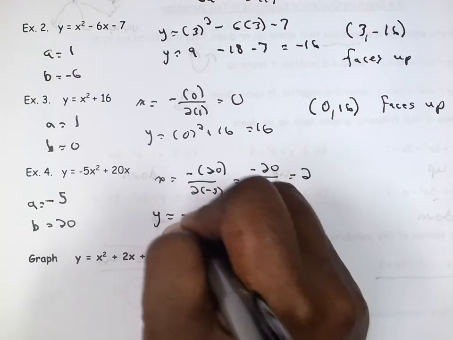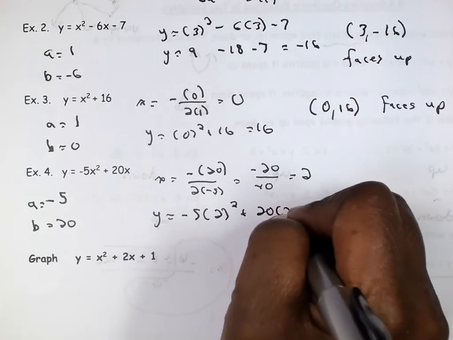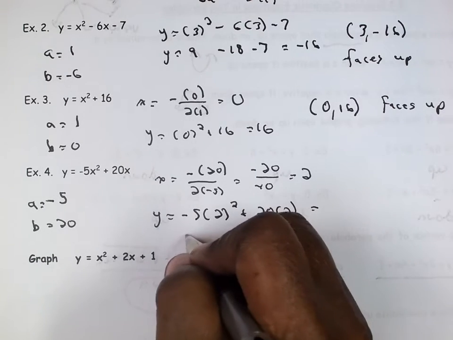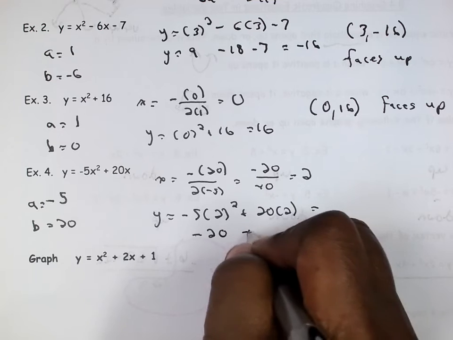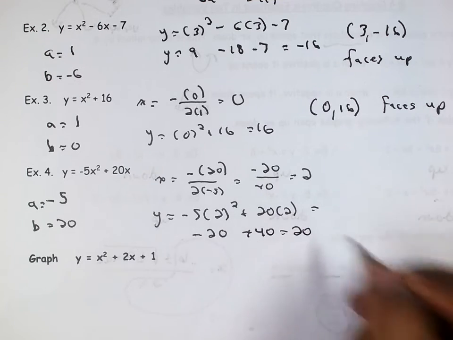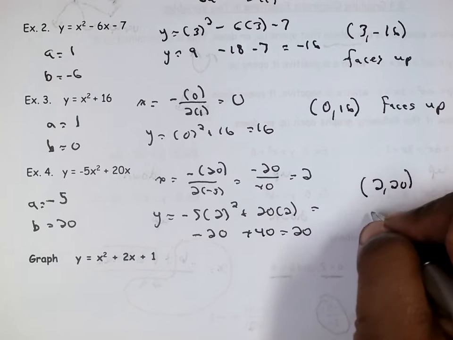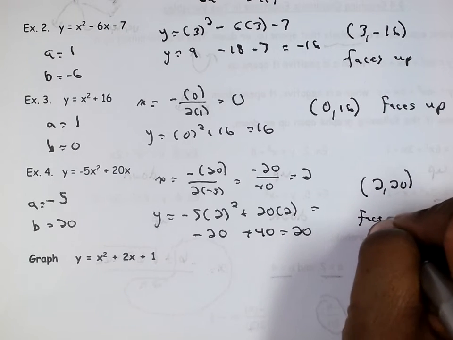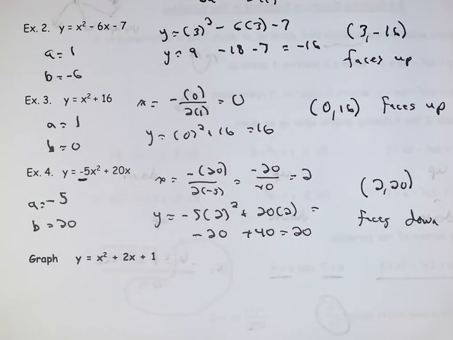And then the y-coordinate would be negative 5 times 2 squared plus 20 times 2. So that would be negative 5 times 4 is negative 20 plus 40, which will give us 20. So our vertex is 2, 20, and this faces down, because the coefficient of x squared was negative 5.